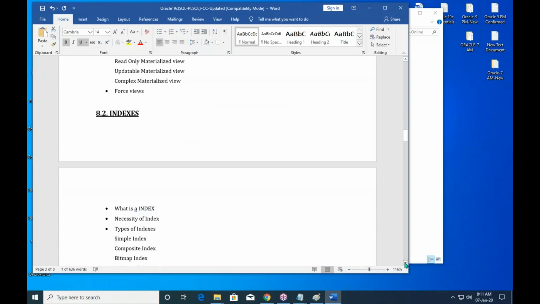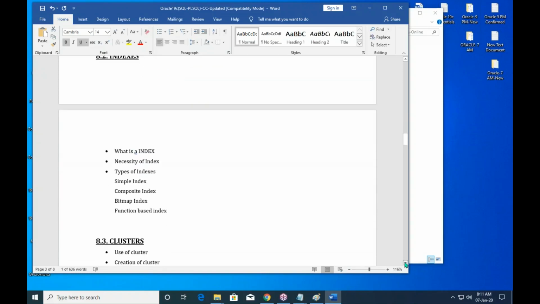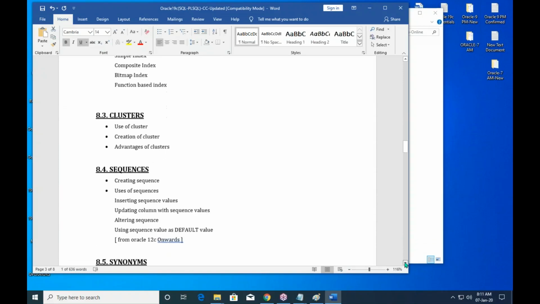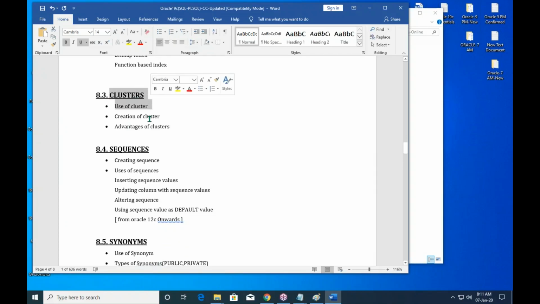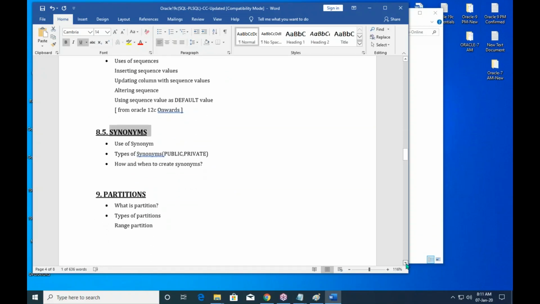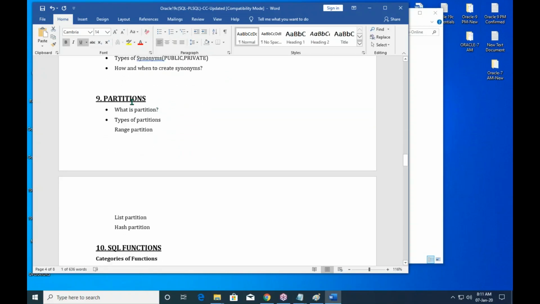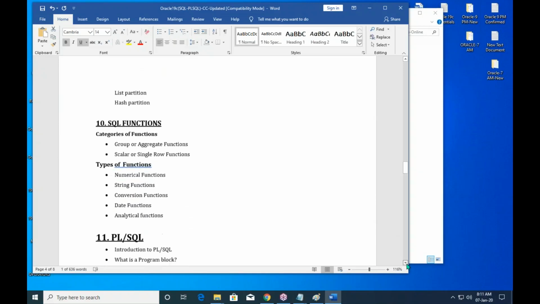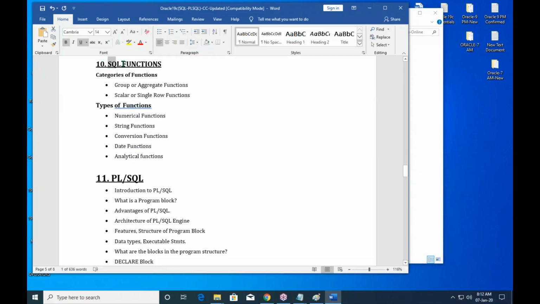Next, indexes. Next one, clusters, sequences, synonyms, partitions. At last we are discussing SQL functions.